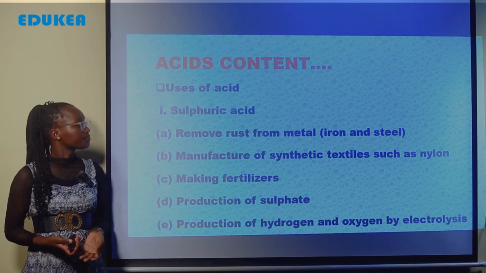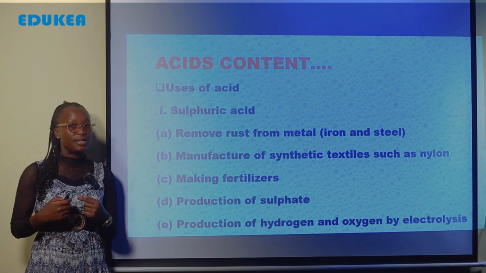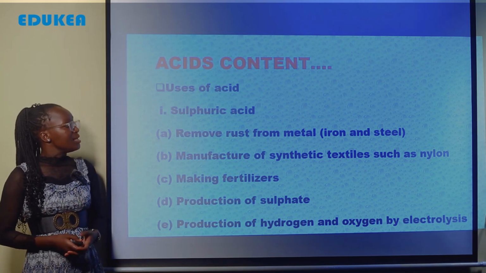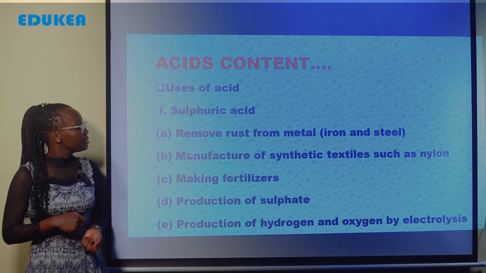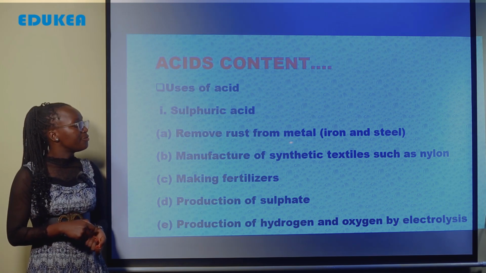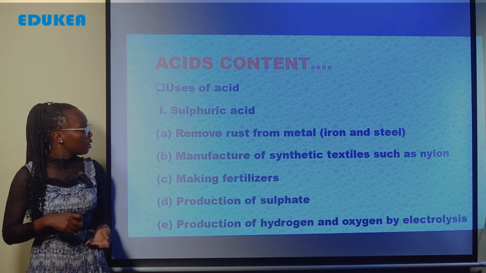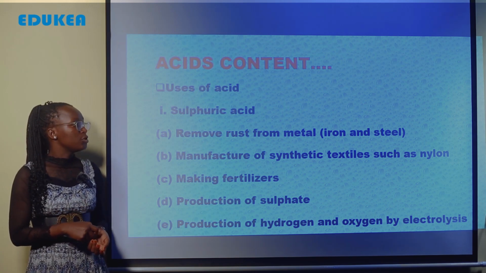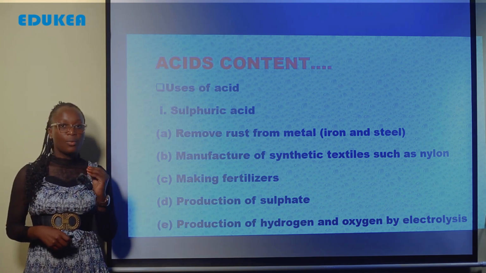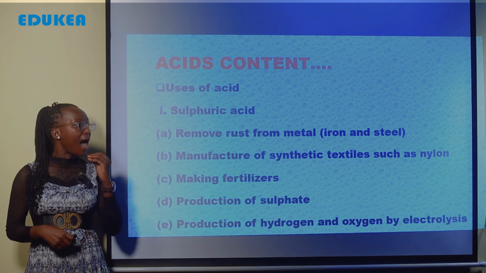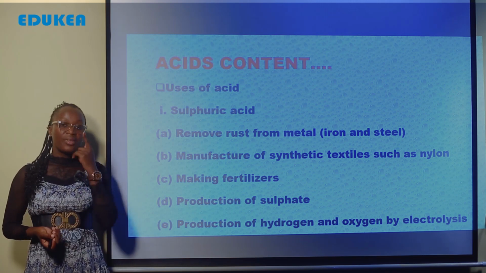Sulfuric acid is used to remove rust from metal, where the metal we are talking about is iron or steel. Kwamba hii sulfuric acid yenyewe inatumika kuondoa kutu katika iron or steel metals.